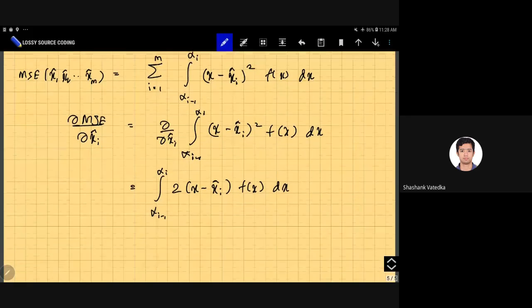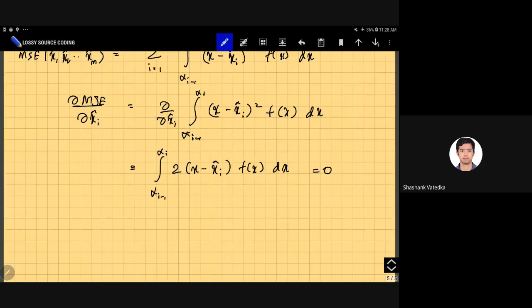Now if I set this to 0, I can split the terms. Sir, a minus sign will be there. Sure, it doesn't make a difference, because this is also xi hat minus x the whole square.